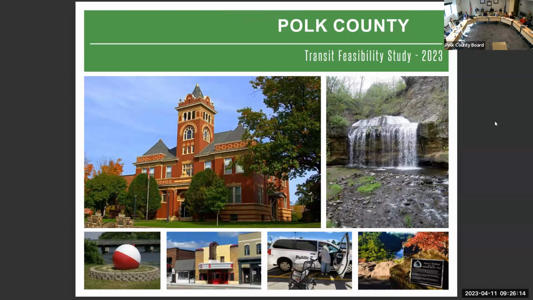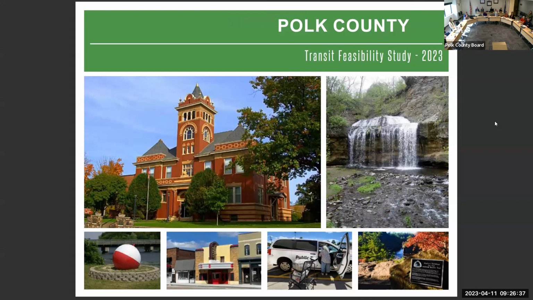In fall of 2021, we talked with the ADRC here and with Tim Anderson about doing a transit feasibility study for Polk that got approved in last year's budget, 2022 budget. And so we started, I think, just about now, a year ago.